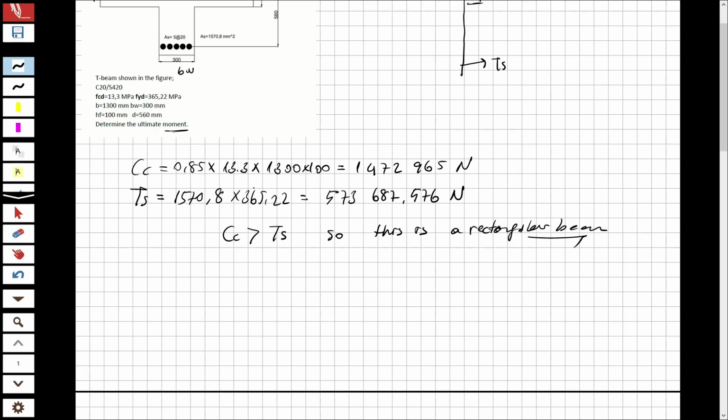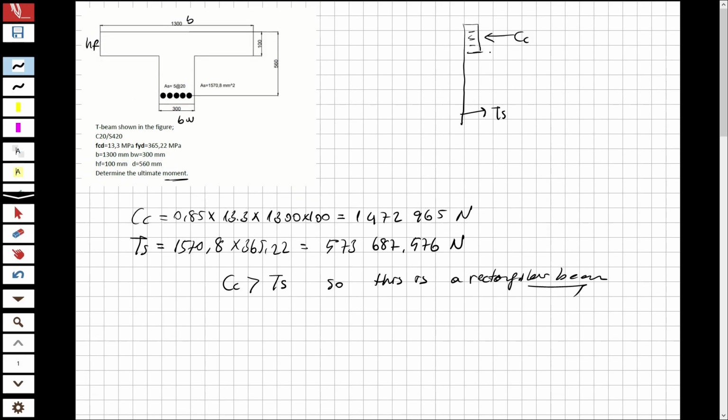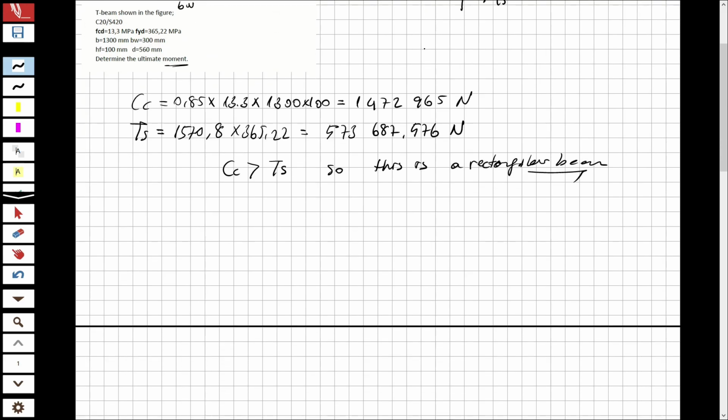So let's determine the depth of the effective concrete area, and then we are going to calculate the moment. For that, I'm going to write an equilibrium.